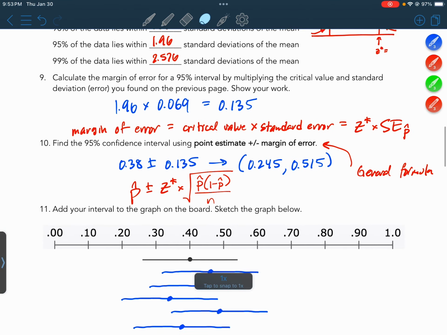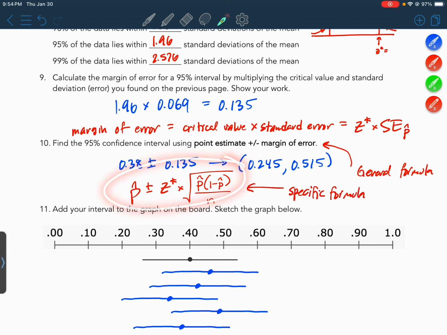All right, so we've got our point estimate plus or minus our critical value times our standard error. This formula is referred to as the specific formula. You will only use this formula when you're trying to estimate a proportion.